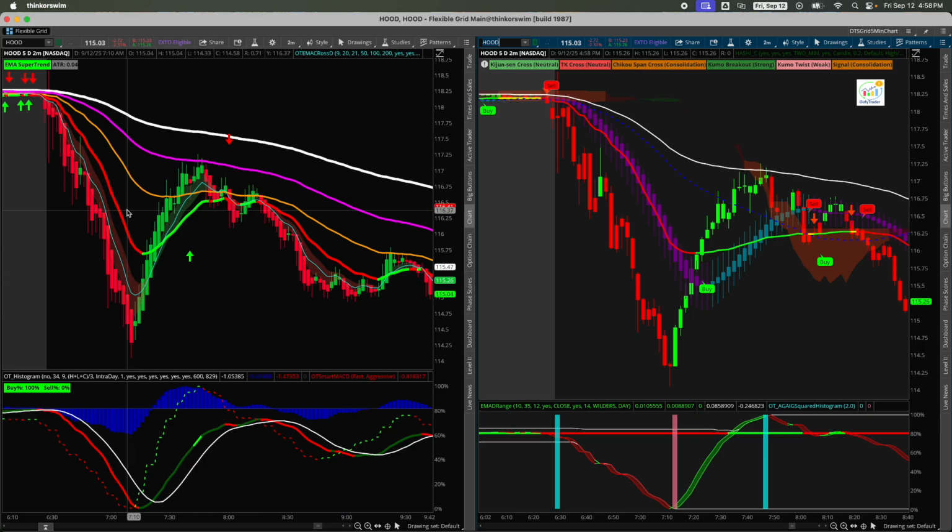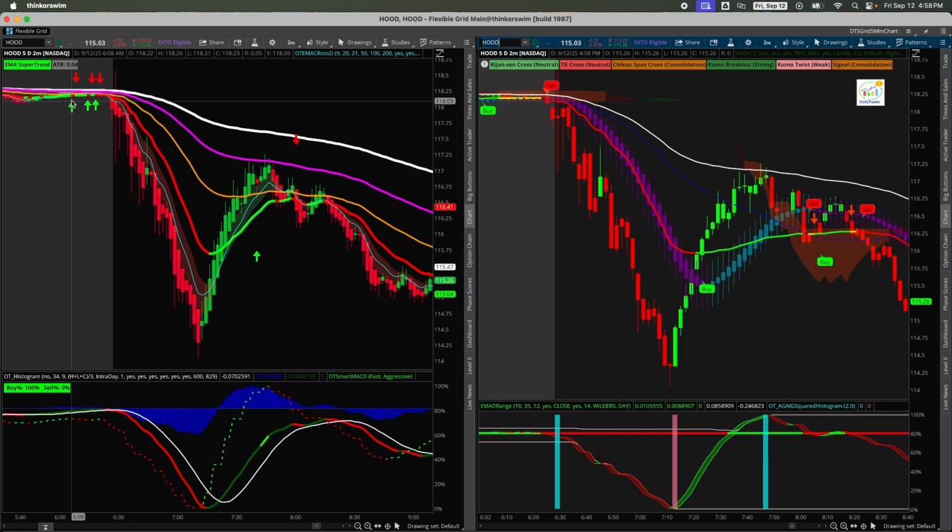Here is one more example. Hoodie went down today, and I started getting the signal from here. As soon as I got the downtrend signal, this red dotted line was giving me vibes but not confirmation. When I see all those EMAs systematically forming down, and the stock went literally below the 9 EMA, and this 20 EMA is red, I blindly consider it's going down.